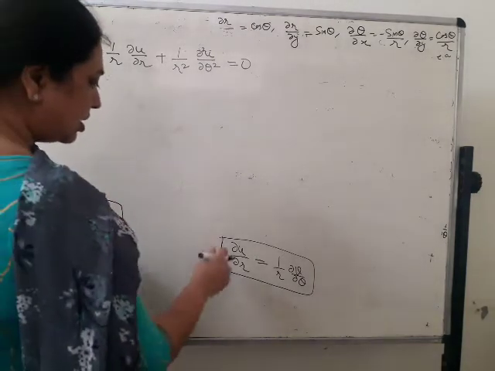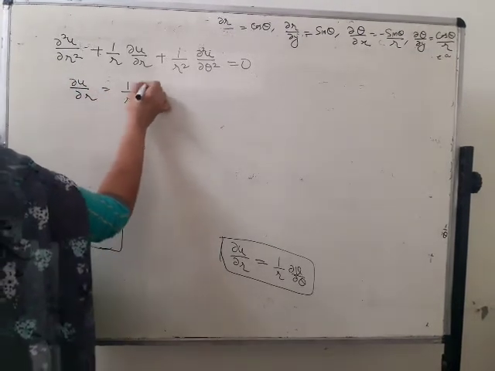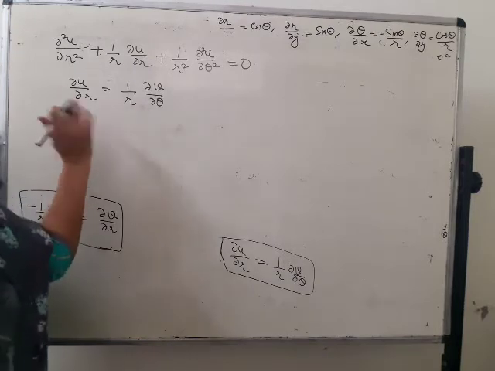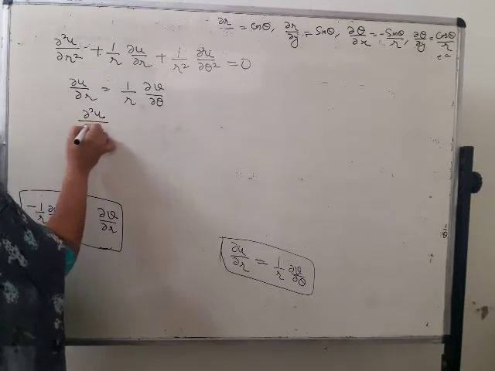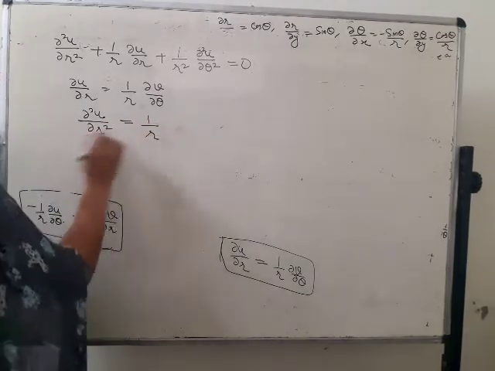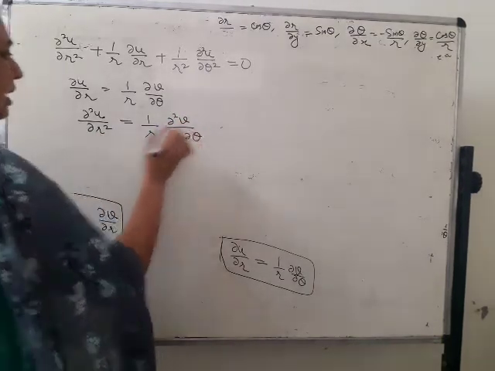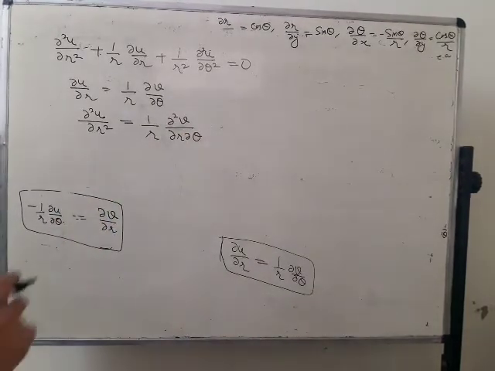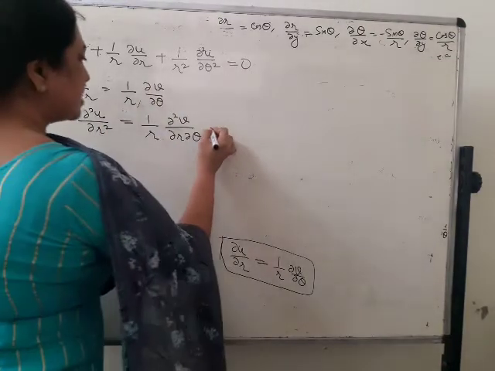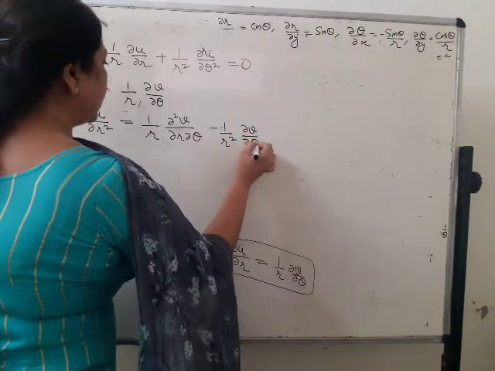From the first equation, ∂u/∂r is equal to 1/r ∂v/∂θ. Take the derivative of this equation with respect to r. ∂²u/∂r² is equal to 1/r ∂²v/∂r∂θ. Then the derivative of 1/r with respect to r is minus 1/r² ∂v/∂θ.